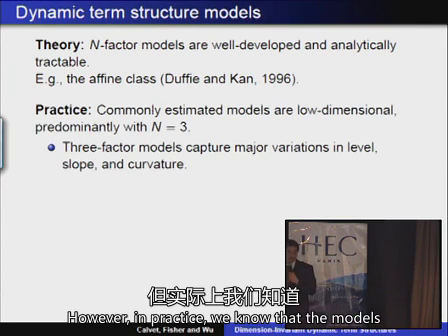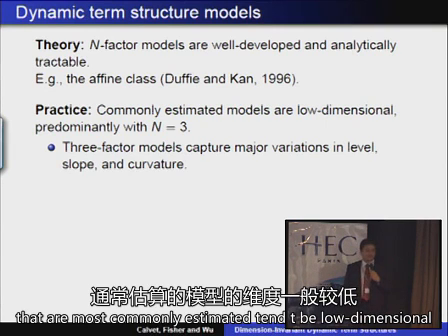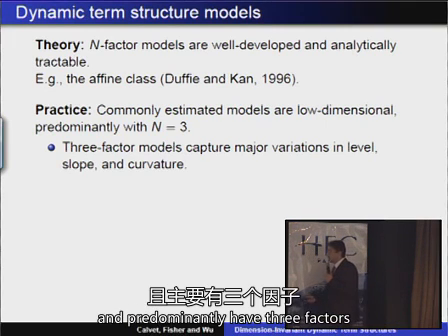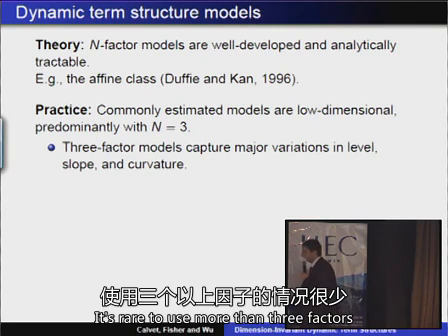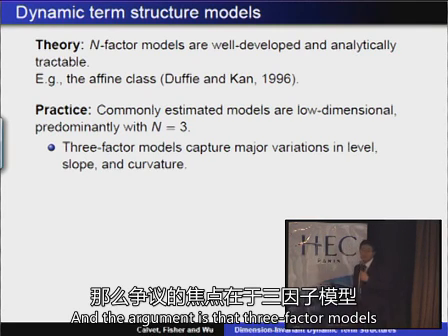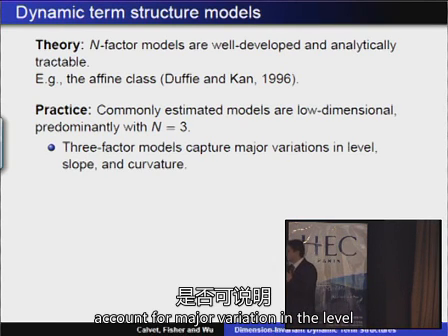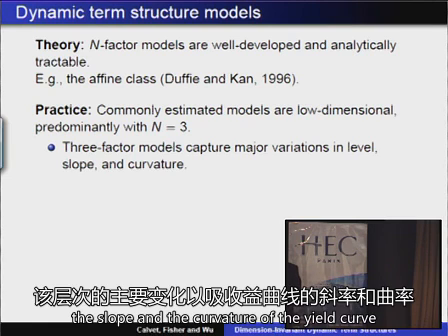However, in practice, the models that are most commonly estimated tend to be low-dimensional, and predominantly have 3 factors. It's rare to use more than 3 factors. The argument is that 3-factor models capture major variations in the level, the slope, and the curvature of the yield curve.